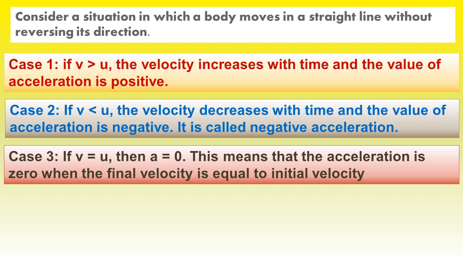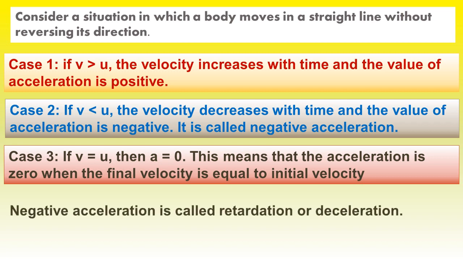Finally, the third one: if the initial velocity and the final velocity are equal, the acceleration is equal to 0. This means that the acceleration is 0 when the final velocity is equal to the initial velocity. The negative acceleration is called retardation or deceleration.